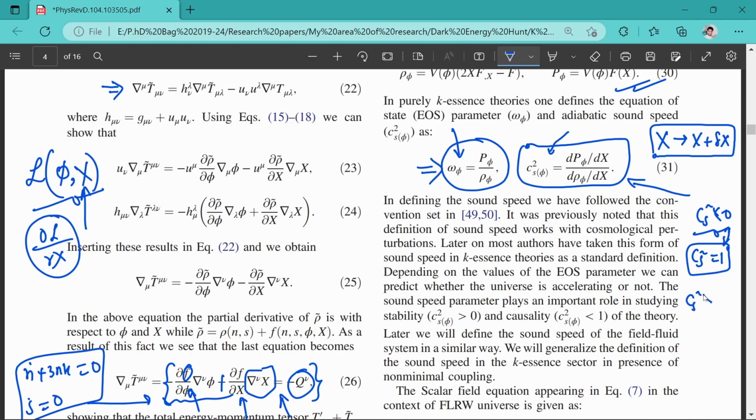But if cs square is greater than 1, it means the velocity of propagation of any fluctuation arising in the K-essence can exceed the speed of light, which corresponds to superluminal speed, which is kind of contradicting, because nothing can propagate faster than light. But these fields are very non-linear, and in a non-linear theory one can easily have a speed greater than 1, so there is no problem with it.